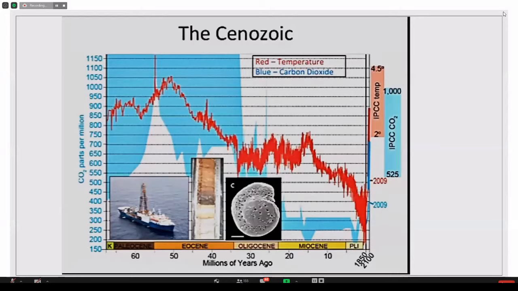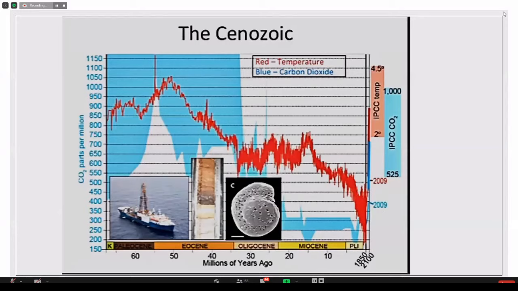So the second important part is, this is another ship, and this is how the sediment cores are recovered. Then you sample them at intervals, process these samples, and look at the various microfossils. These are some of the planktic and benthic forams, this is under the SEM, and this is how it looks under the microscope.